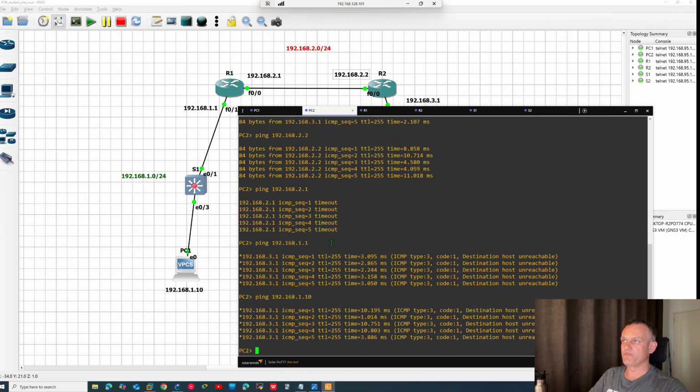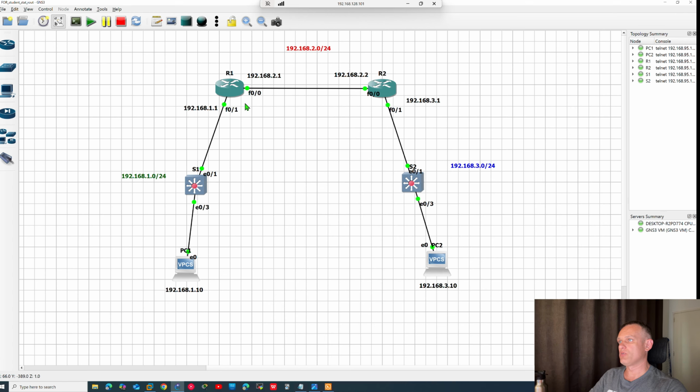For this specifically, right now, for example, router 1 knows about this network, network 192.168.2.0/24, and also about this network. We can check this directly from the router.